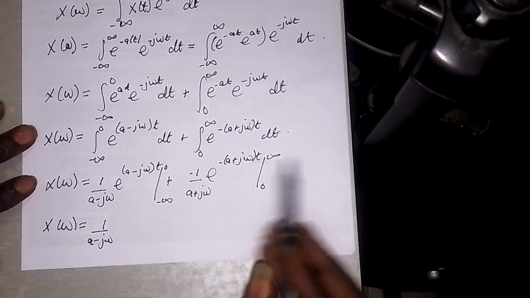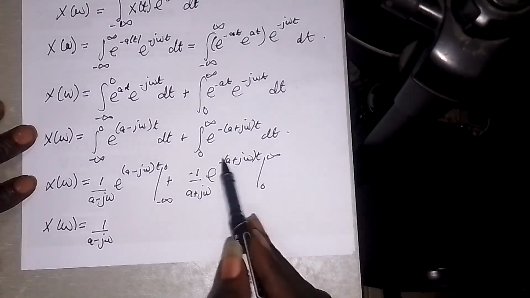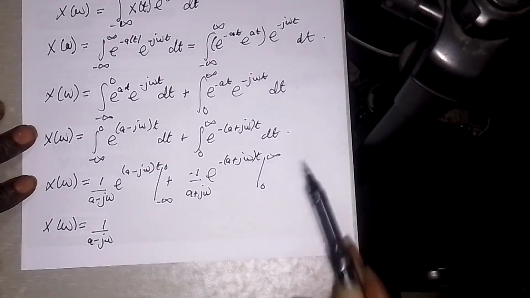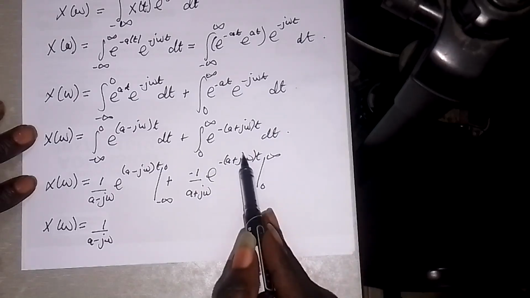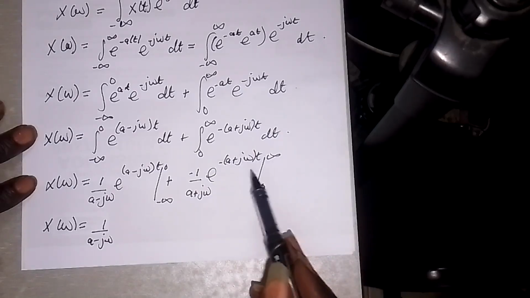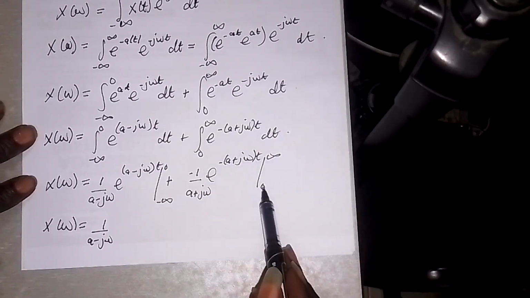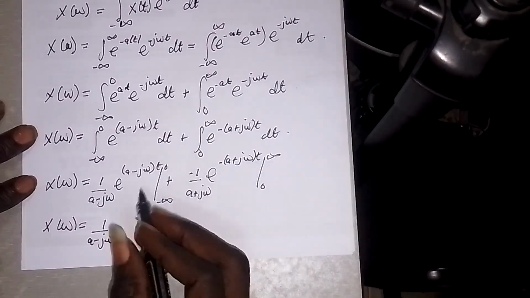Then here, if I put in infinity, it will be minus infinity, and e to the power minus infinity is 0. And if I put in 0, e to the power 0 is 1. But because this 0 is the lower limit, it will have a negative sign, so negative becomes positive.